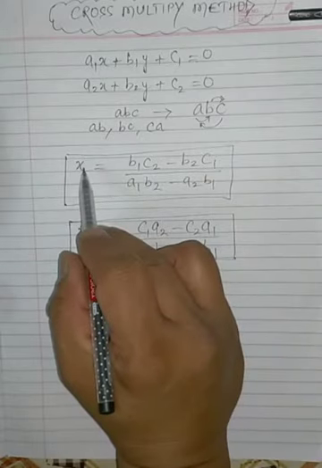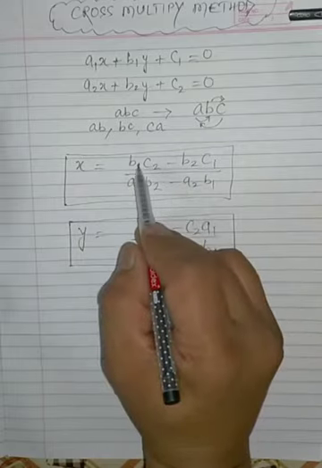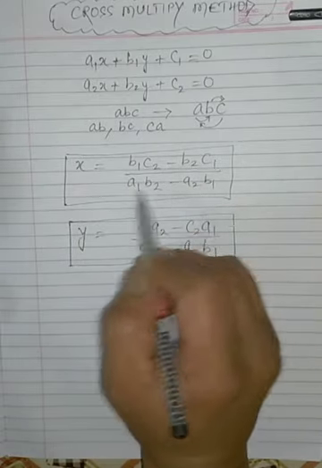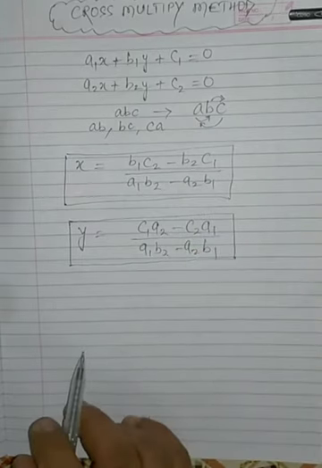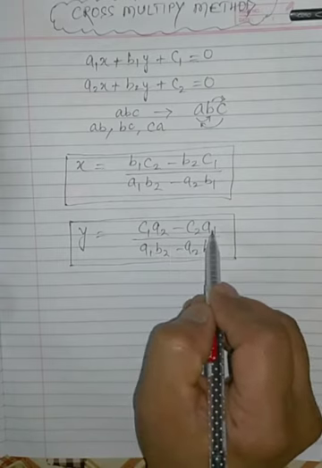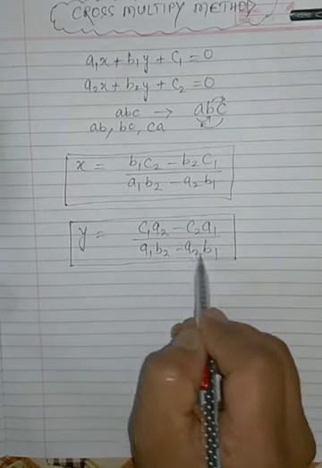So you can memorize this formula in this way also. For x, bc minus bc upon ab minus ab, with subscripts 1 2 2 1. Similarly in y, ca minus ca upon ab minus ab, with subscripts 1 2 2 1.